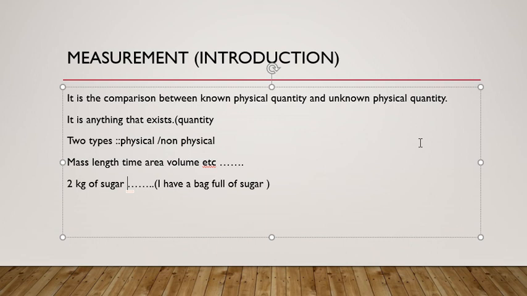Now he has a fixed mass value on that machine. That is the known physical quantity. Already 2 kg is fixed over there, and now he is adding sugar of unknown mass, fulfilling the 2 kg of known mass with unknown mass of sugar. That is the comparison between these two things. So the comparison between known and unknown things is known as measurement.